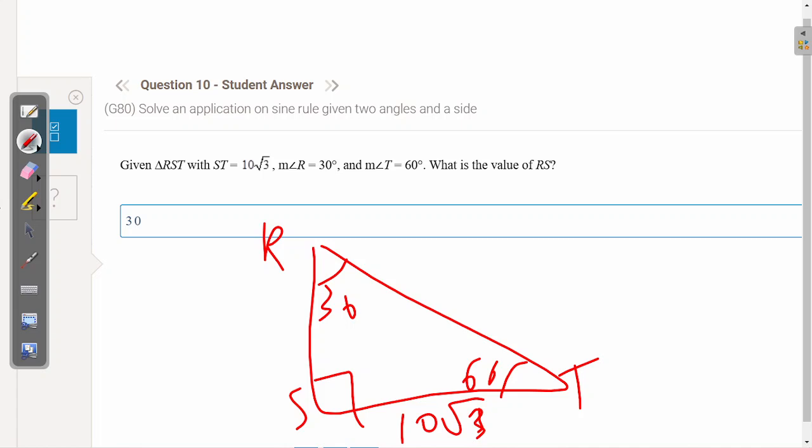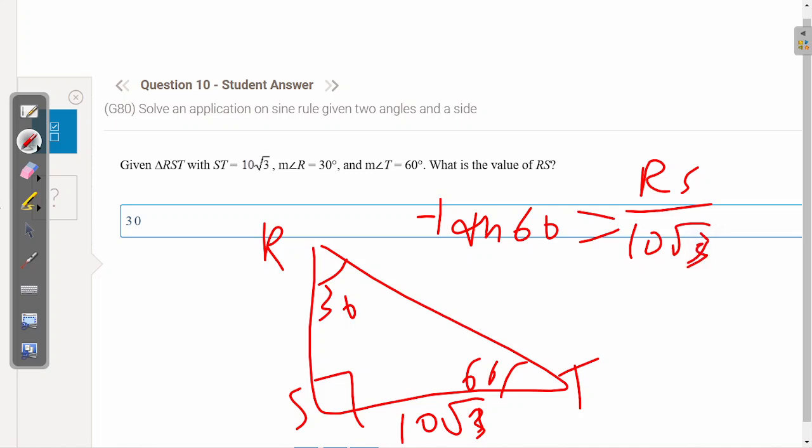You can do it a lot of ways. Because it's a right triangle, you can do tan 60 equals RS over 10 radical 3. That's one way. You will get that RS is 30.